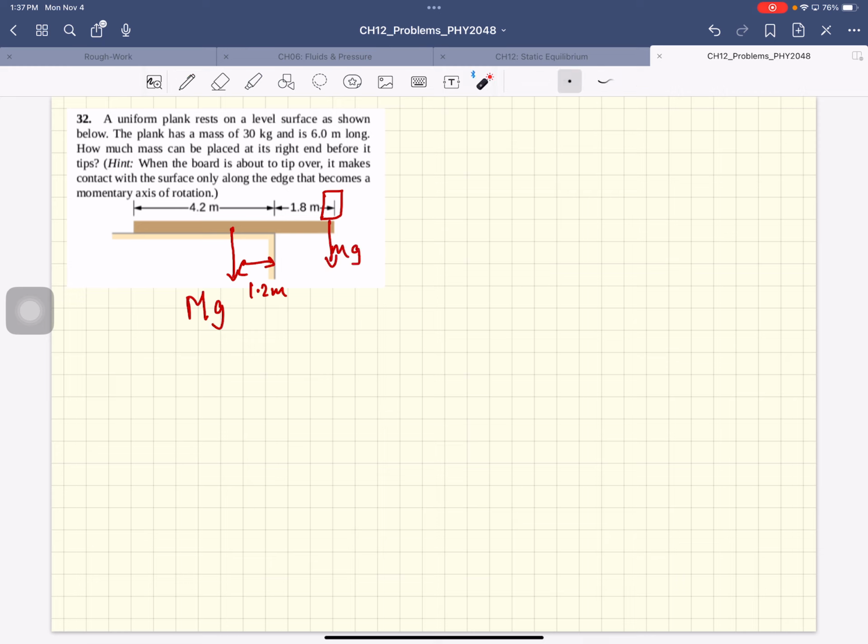We are calculating the torques about this point, and this force will have a clockwise torque. This force will have a counterclockwise torque. So clockwise torques are negative: minus mg times 1.8 meters plus Mg times 1.2 meters equal to 0.